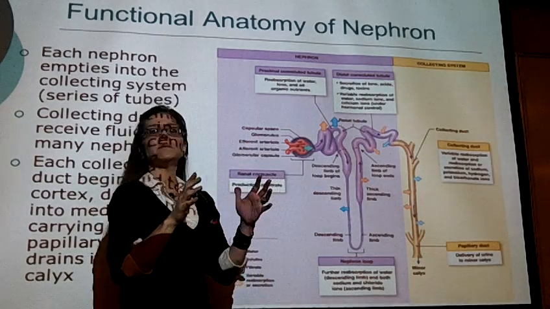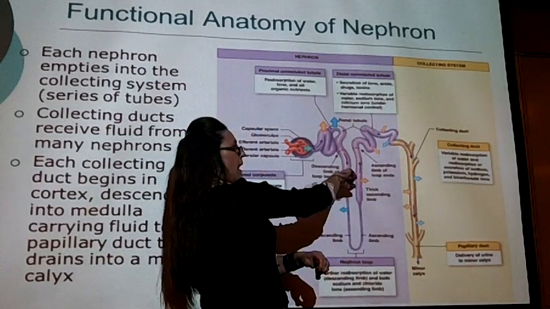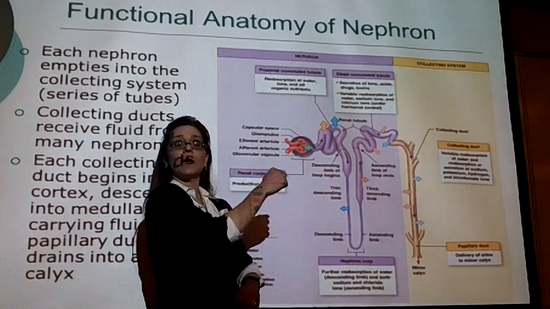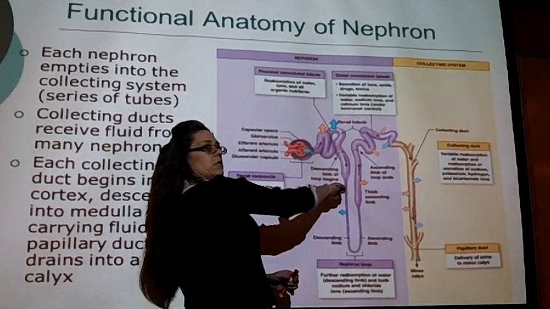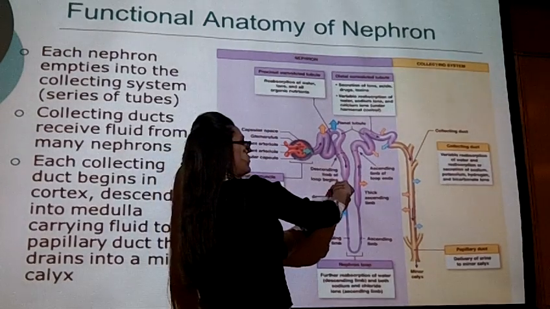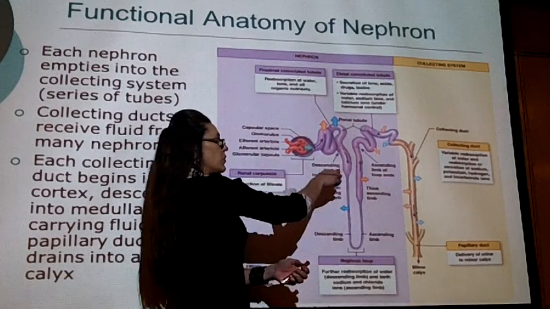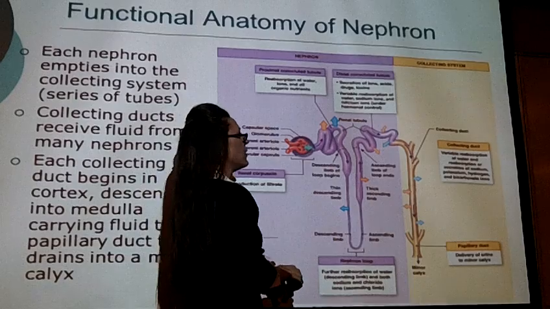And again, it's all based on diffusion. Things are either going to be diffusing out of the tubule, across the epithelia of the tubule, into the extracellular space, and then diffusing into the capillaries, across the layer of simple squamous epithelia.